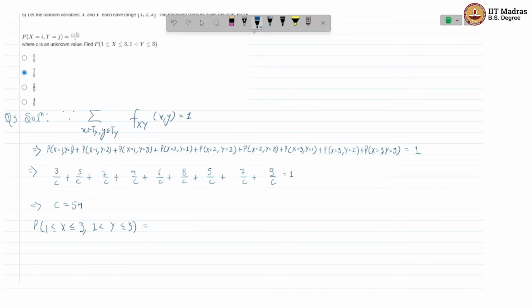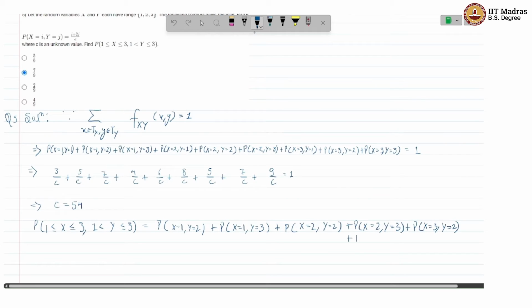So now again we have to sum all possible xy pair probabilities which will satisfy this condition, and the pairs which will satisfy these conditions are probability x is equal to 1, y is equal to 2 plus probability x is equal to 1, y is equal to 3 plus probability x is equal to 2, y is equal to 2 plus probability x is equal to 2, y is equal to 3 plus probability x is equal to 3, y is equal to 2 plus probability x is equal to 3, y is equal to 3.